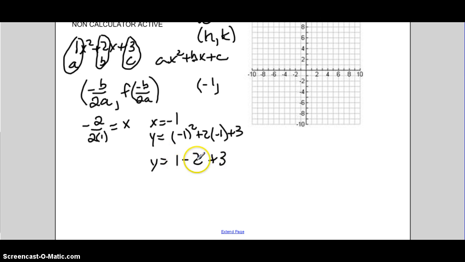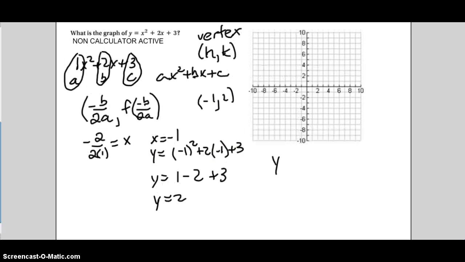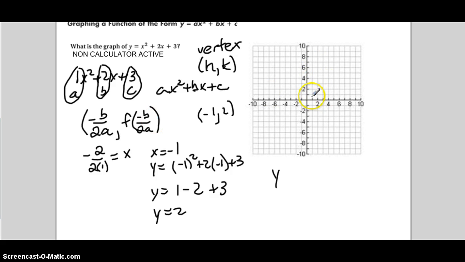Simplify, that's going to be negative 1 plus 3. And my vertex is going to be negative 1, 2. That is going to be my h, k. So I'm going to go to negative 1, 2.